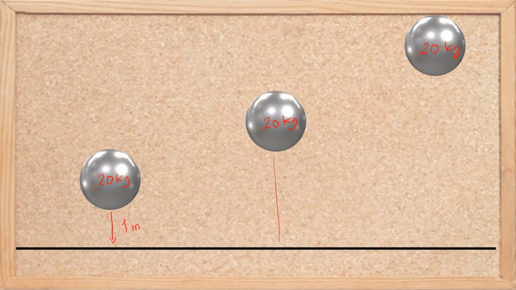This one at a height of 2 meters, and this one at a height of 3 meters. So this is the only difference. The difference is the height. They are the same in weight, and the direction of the force is downward. So my question is this: which do you think has a higher potential energy?